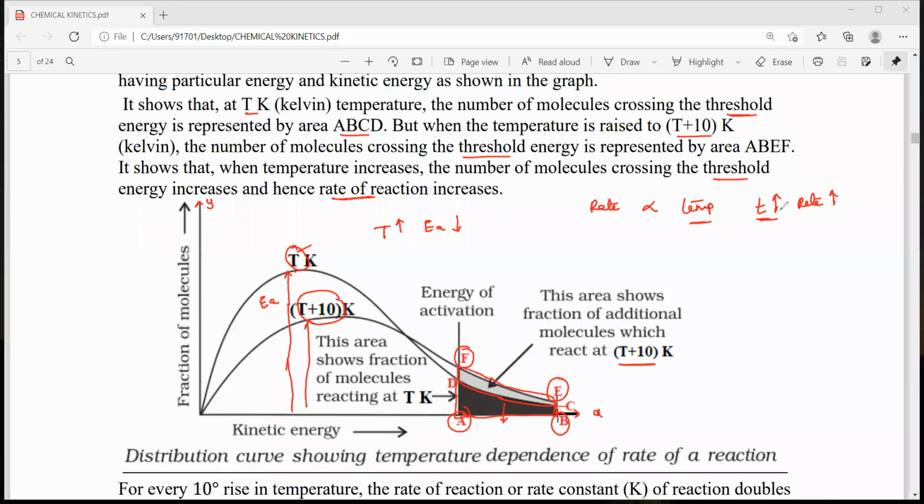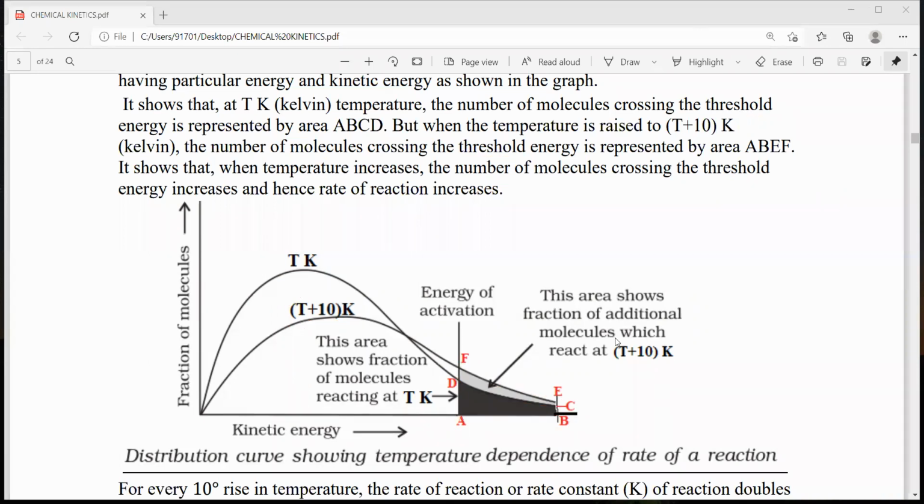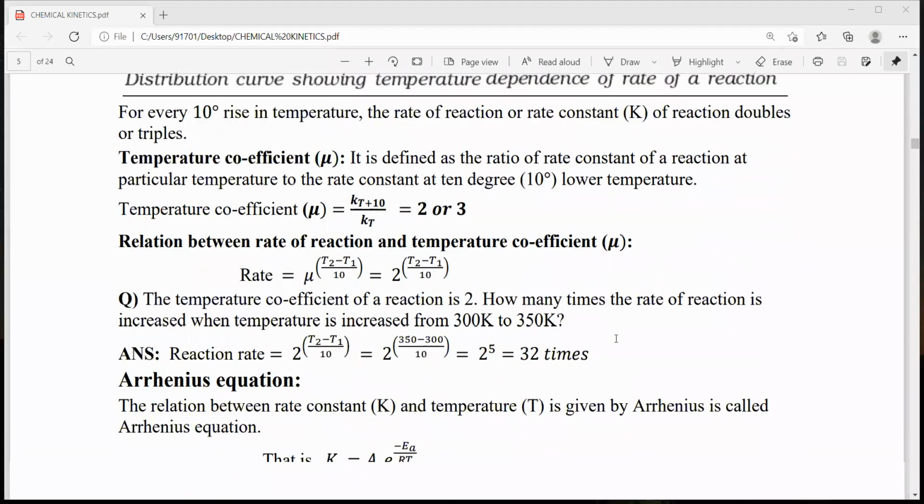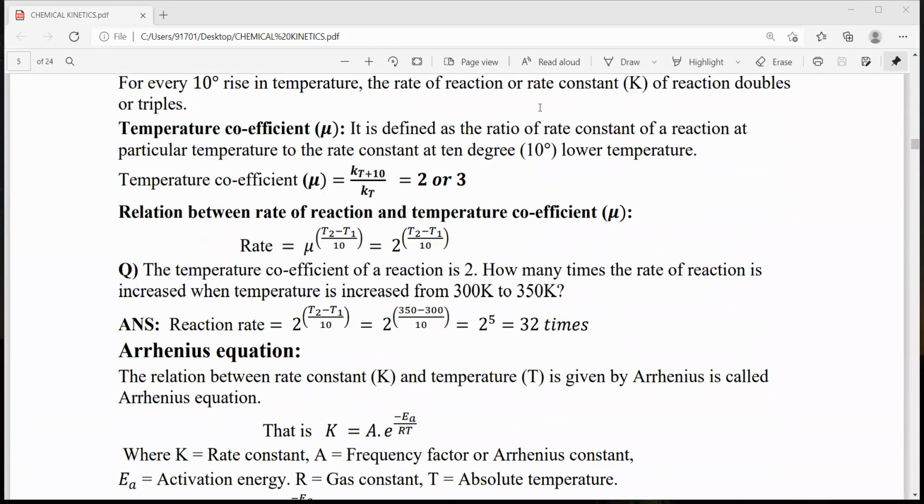Then more molecules are activated, can easily cross the threshold energy barrier, and are converted into products. Okay, dear students. Now it's very easy, and we have to remember one important point. For every rise of 10 degrees in temperature, the rate of reaction or rate constant becomes double or triple.